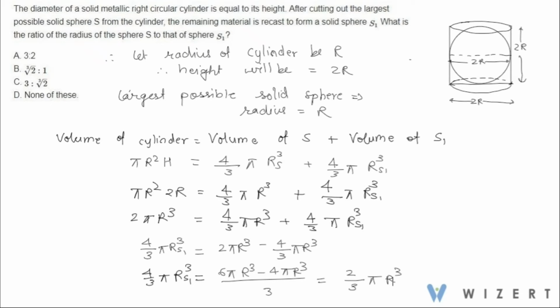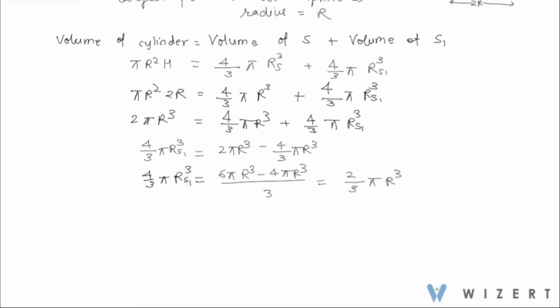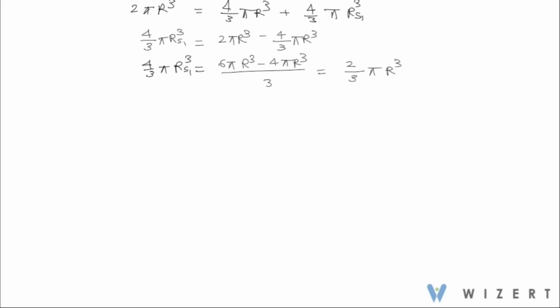So if we compare the two, we can say that rS1 cube is equal to r cube by 2. Therefore, rS1 is equal to r divided by cube root of 2.